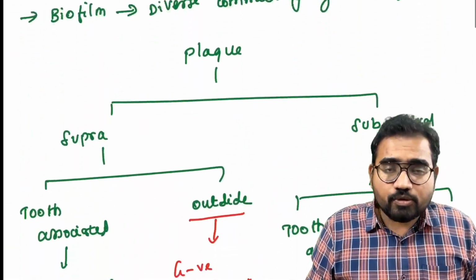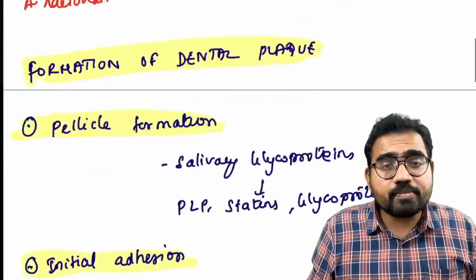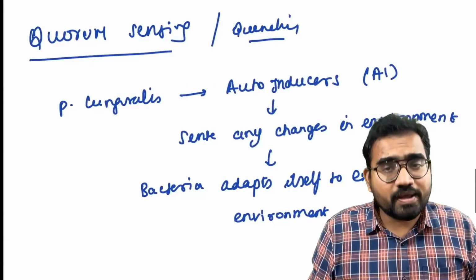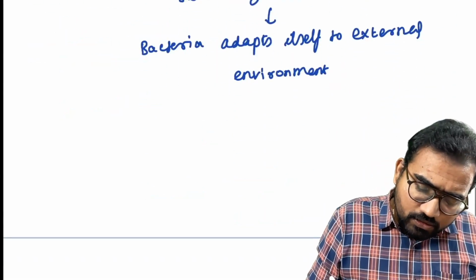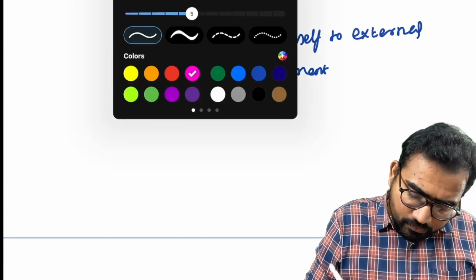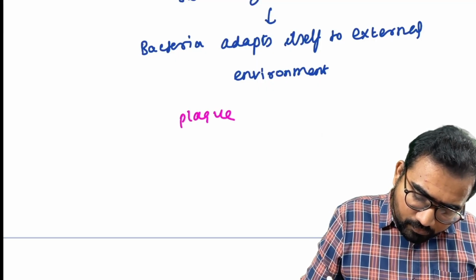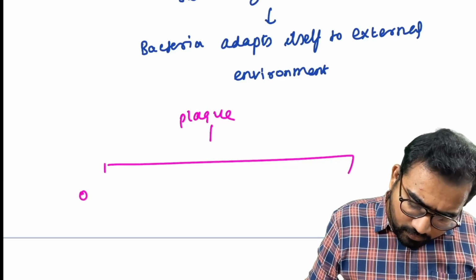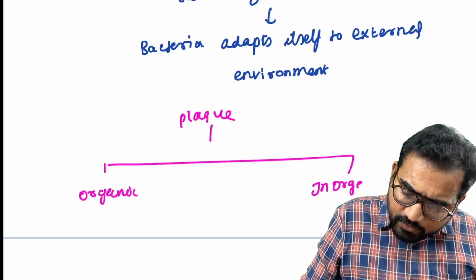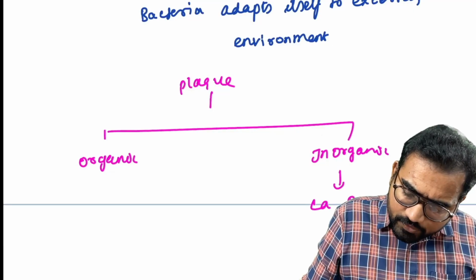So we have discussed plaque, the classification of plaque, how the formation of dental plaque takes place, and also quorum sensing. Now coming to the composition of dental plaque. Dental plaque has organic and inorganic components. The inorganic component will obviously be calcium phosphate.